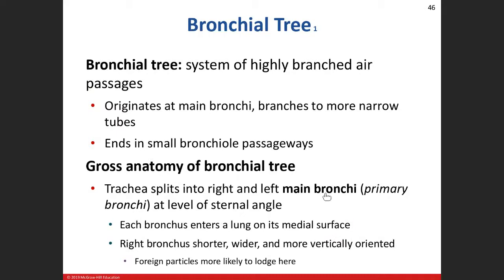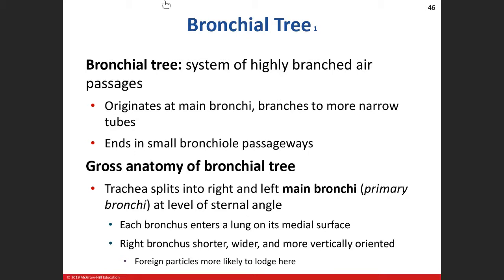Okay, so let's get in and talk about the bronchial tree, our conduction system here. Ideally, we need to move air from the external environment in towards the internal environment of our lungs so we can have that exchange of respiratory gases. That is our goal, to get oxygen to the blood vessels in this respiratory tree and to get carbon dioxide out of the blood back into the air here, okay?